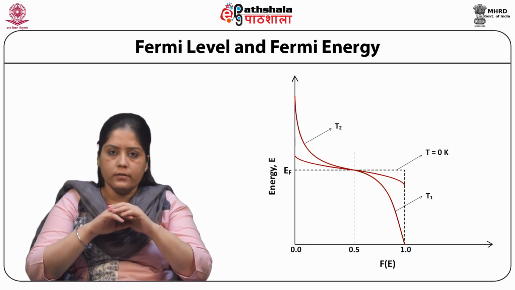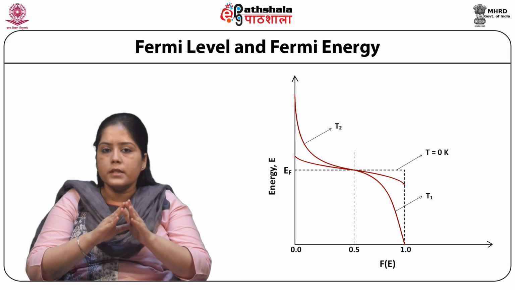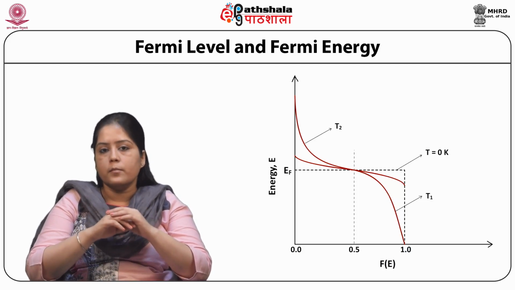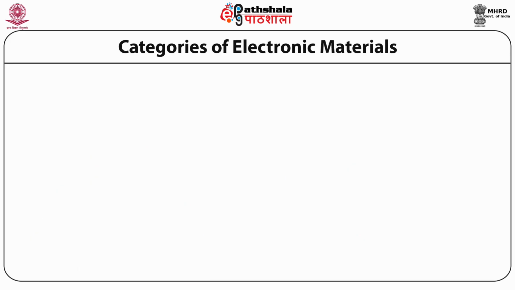Fermi energy level, or EF, is the energy at which the probability of a state being filled by an electron is exactly equal to 1 by 2.